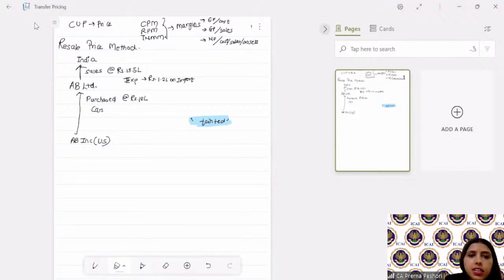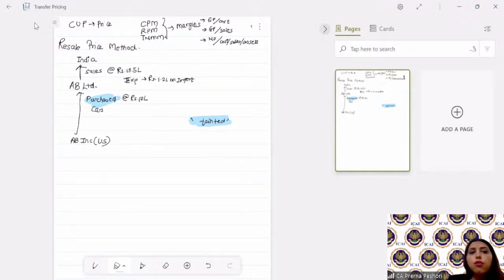This one is the tainted transaction: the purchase. Isn't it? I am purchasing the goods from the associated enterprise. So obviously this transaction would be the one which is a controlled transaction, which is nothing but a tainted transaction, right?